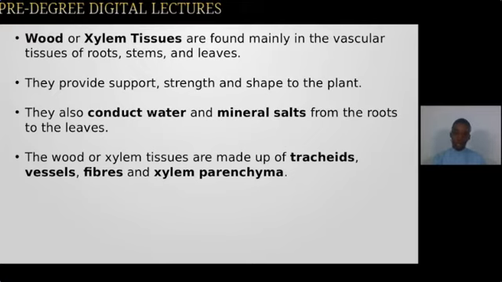But particularly of importance is that the xylem tissues conduct water and mineral salts from the roots through the stem to the leaves for photosynthesis. And then the xylem tissues are in themselves made up of tracheids, vessels, fibers, and xylem parenchyma.